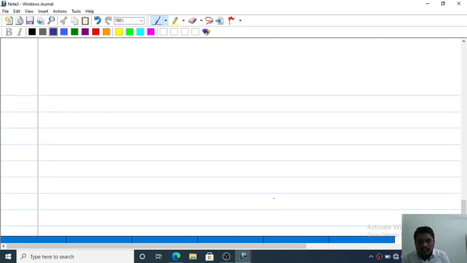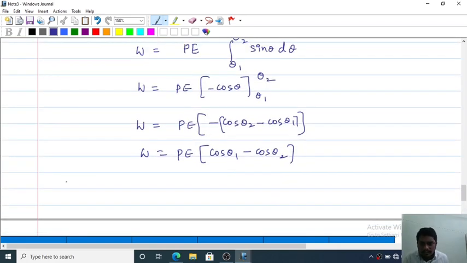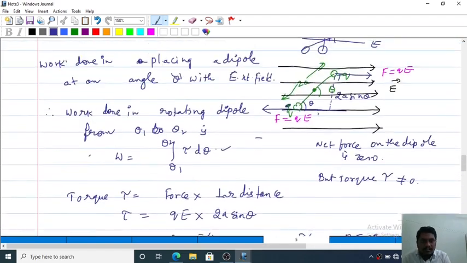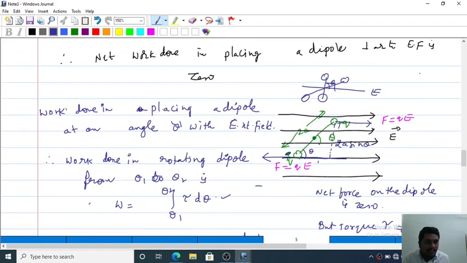Now the question is, what is theta 1 and what is theta 2? What is the initial position of the dipole? We are rotating the dipole from the perpendicular position, so theta 1 is equal to 90 degrees, and we are rotating to an angle theta.